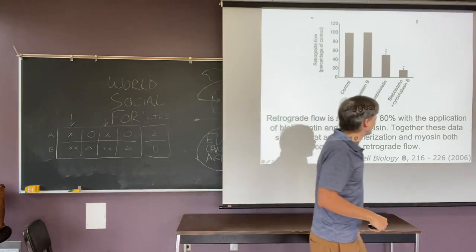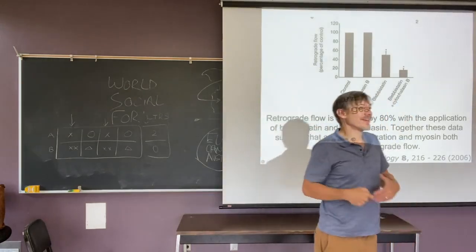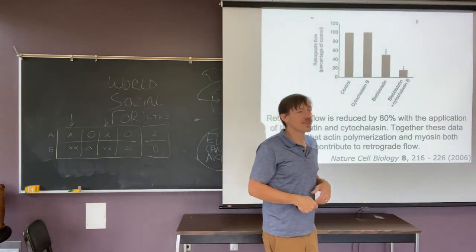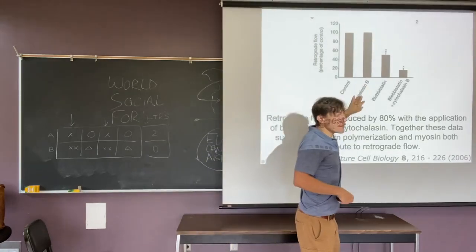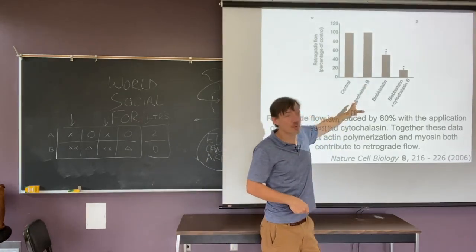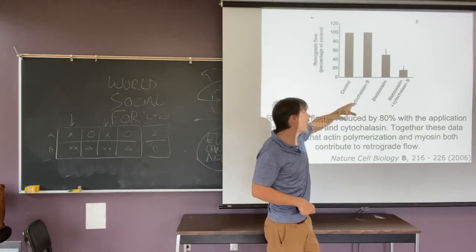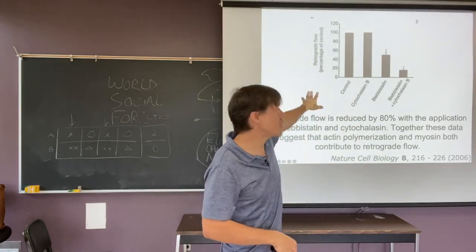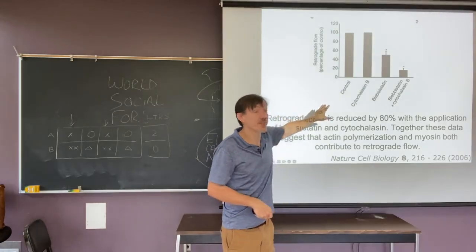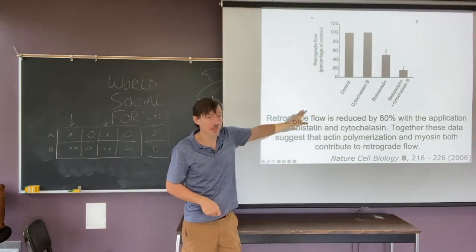And the thought here is that most of retrograde flow is actually being driven by non-muscle myosin 2, at least in the particular circumstances that these cells were being grown.